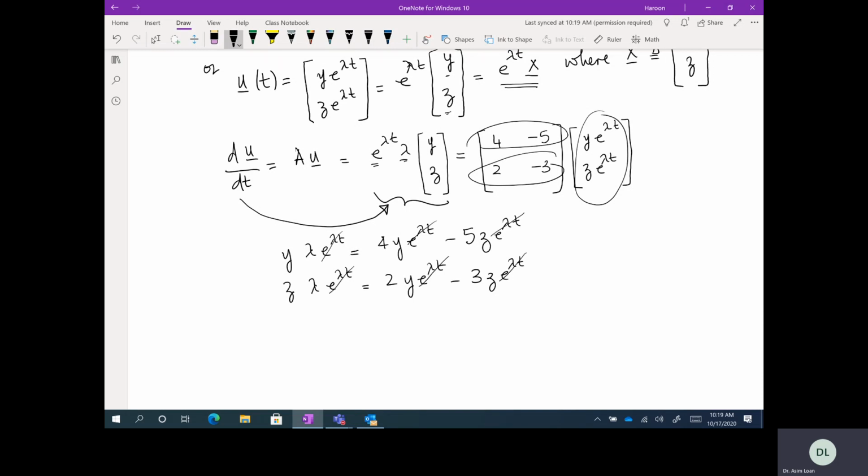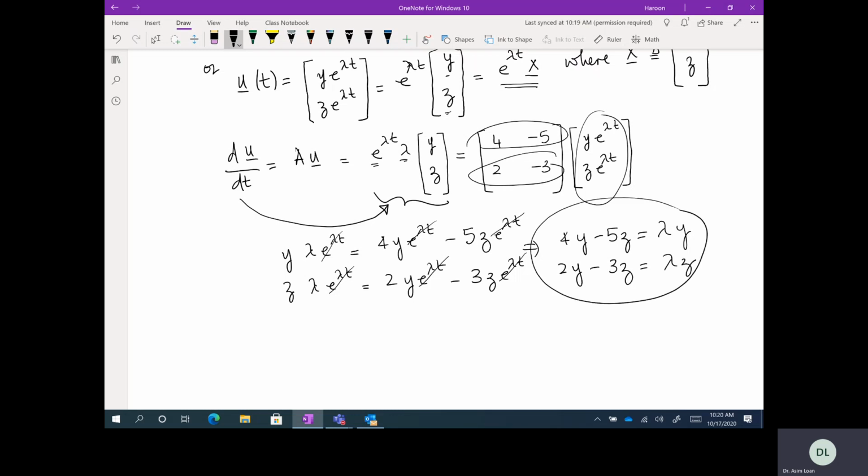If I divide both sides by e^(lambda t), this implies 4y minus 5z equals lambda y, and 2y minus 3z equals lambda z.